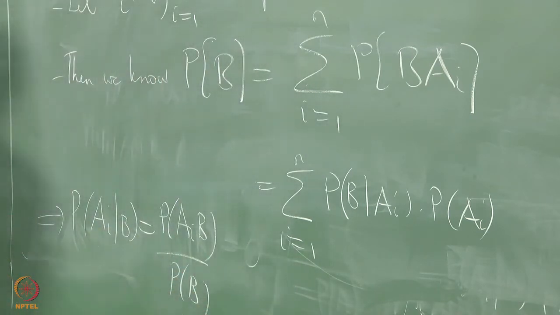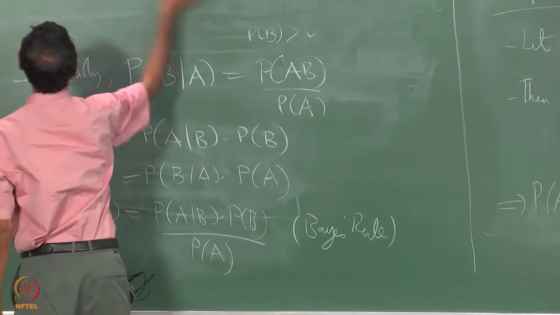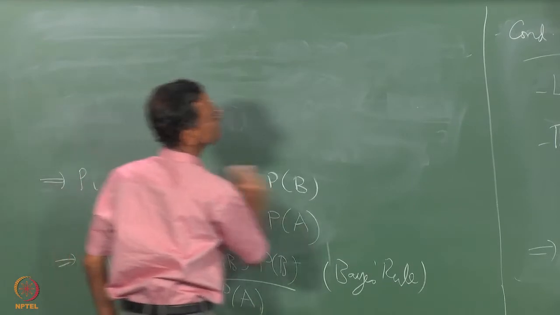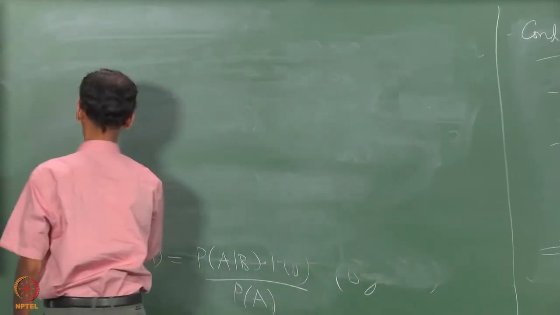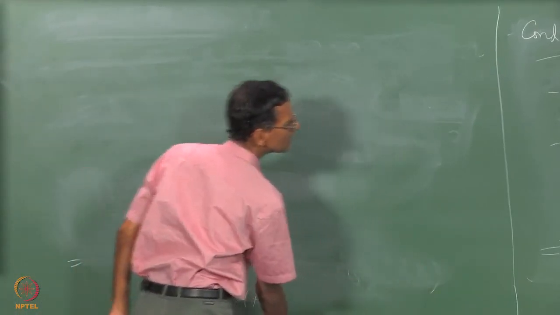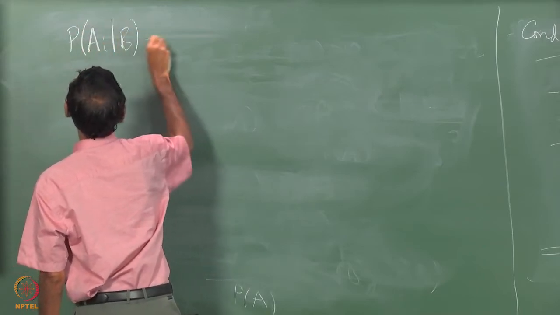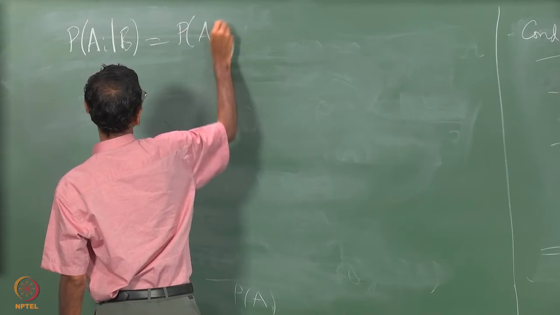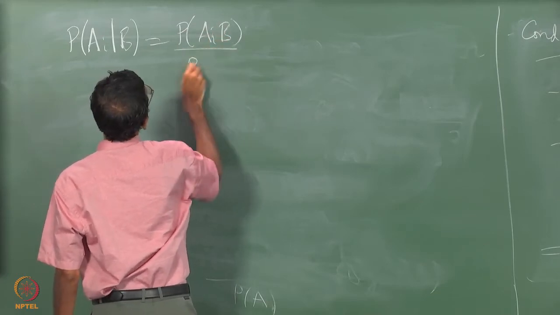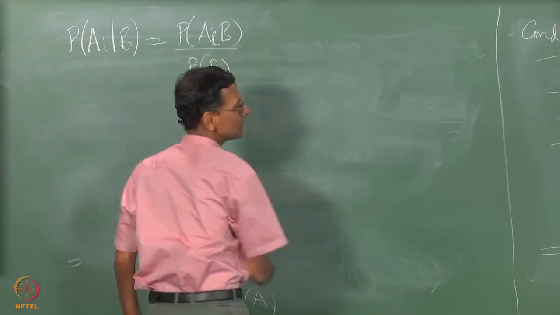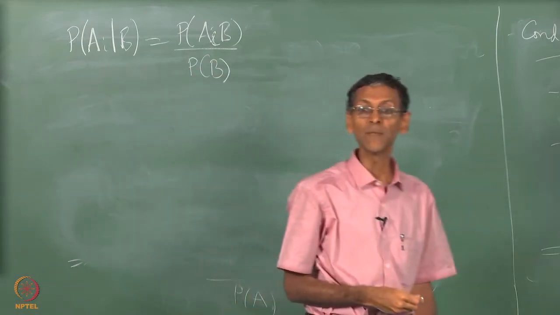Then going back here, let me write this P(A_i given B) again. What will Bayes rule tell me?